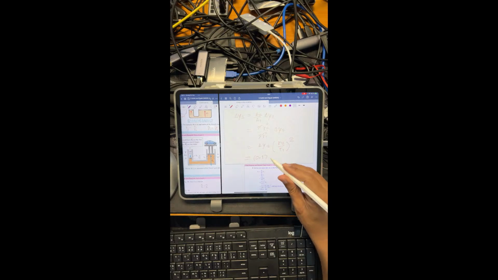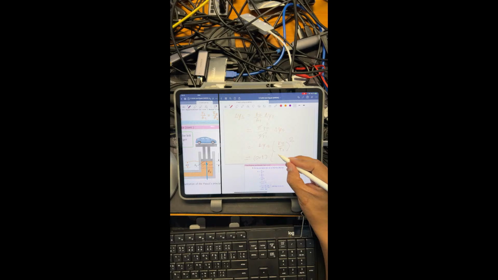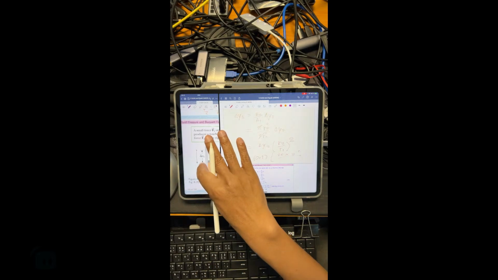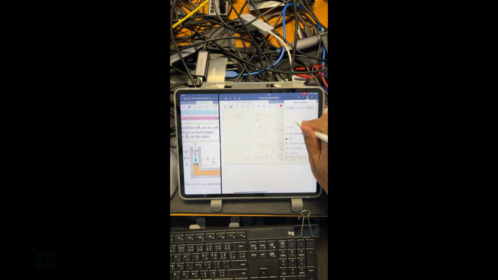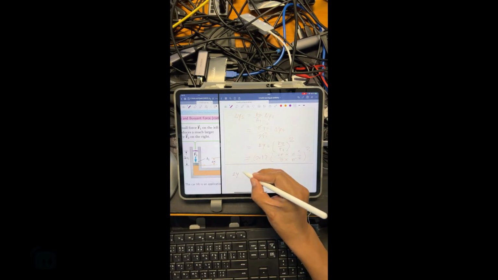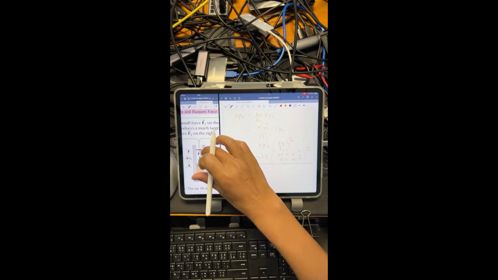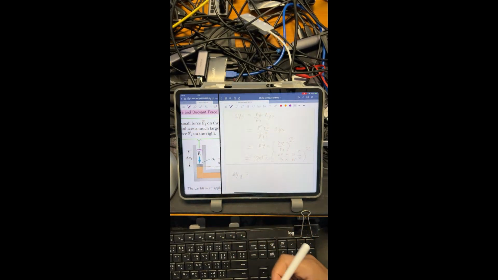That's what they want to know. And R2 is the bigger radius. They say 20 centimeter, 20 times 10 to the negative 2, divided by the radius on the left side, which is the smaller radius, 5 centimeter, 5 times 10 to the negative 2, squared. And you can see that delta y1 is the lower distance, the distance along the lower direction.